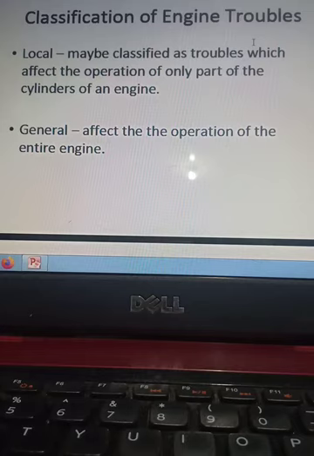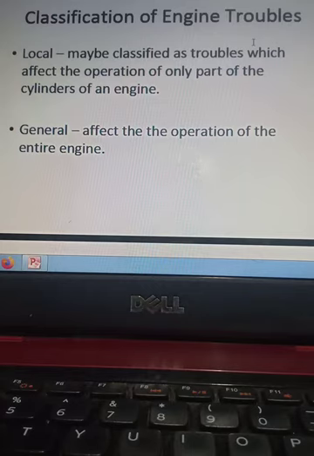So in many cases, ignition, carburation, or compression trouble cause missing or uneven firing in identically the same manner, no? So kasagaran sa internal combustion engine, ang iyahang trouble lang yun naa sa ignition, carburation, o compression.